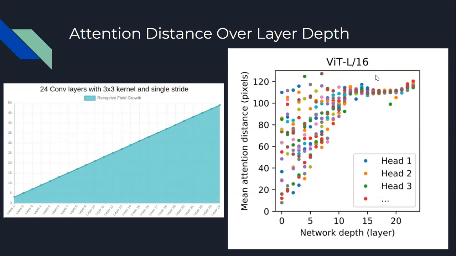In the vision transformer, we can already see in the earlier layers that this attention is spread up to like 120 pixels away. So that's one of the benefits of the vision transformer, that we don't need super deep networks to have an understanding of globally important features. Earlier layers in the model are already learning to attend to features that are very far away.